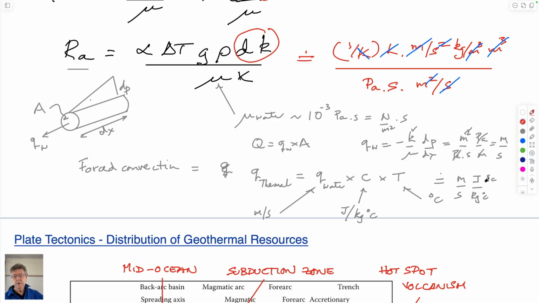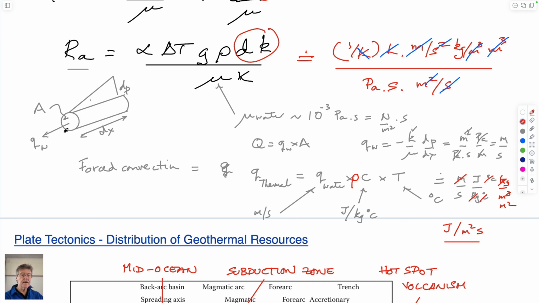From that, we'd lose centigrade, we'd lose kilograms, we'd lose meters, and this becomes meters squared. And so the units would end up being in terms of joules per meter squared per second. So that's the heat flux.